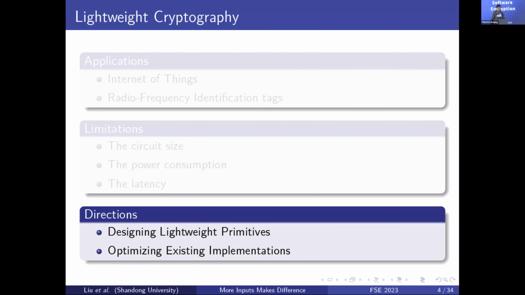Generally speaking, there are two directions. First, we can design new lightweight primitives that are efficient in hardware and software. Another method is to optimize the existing implementations, which can aid in designing new primitives.